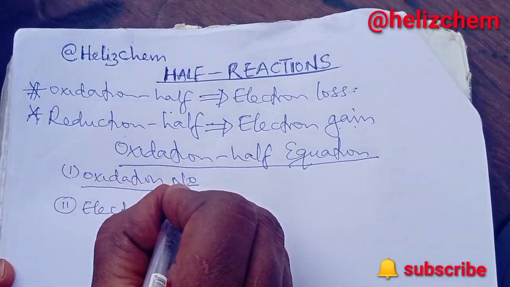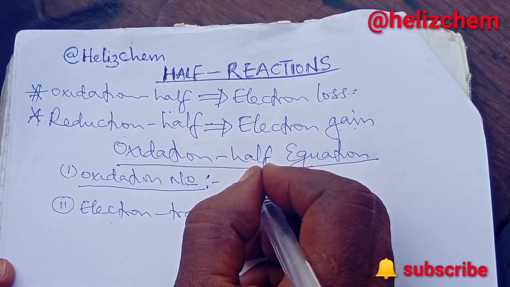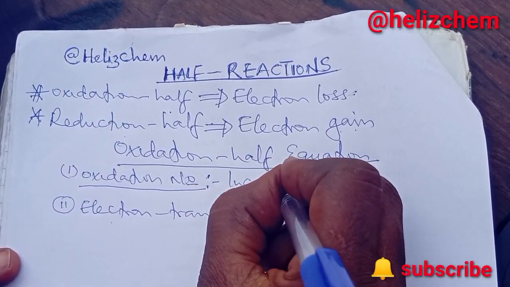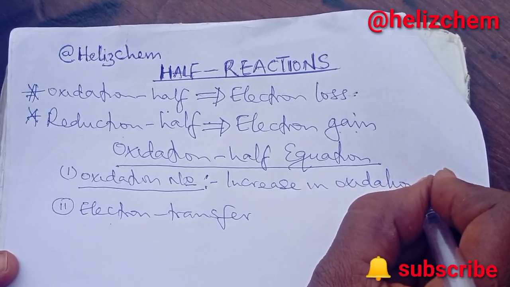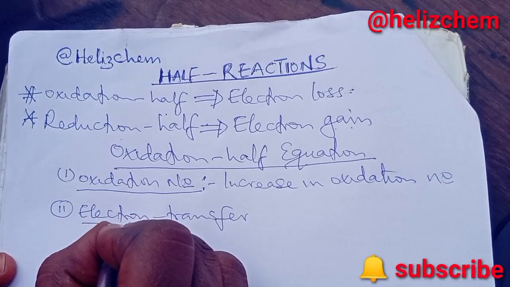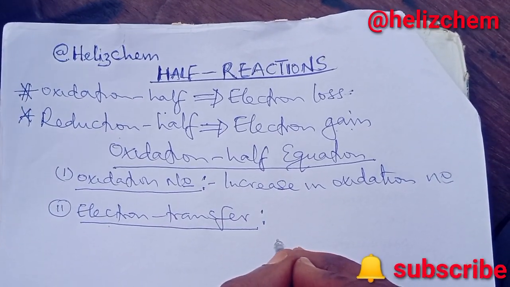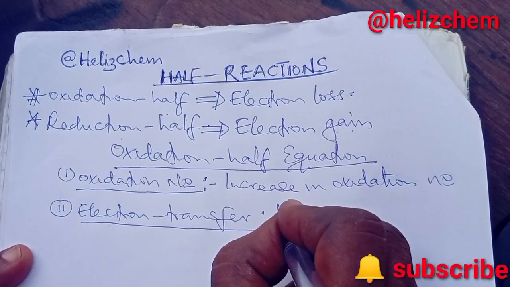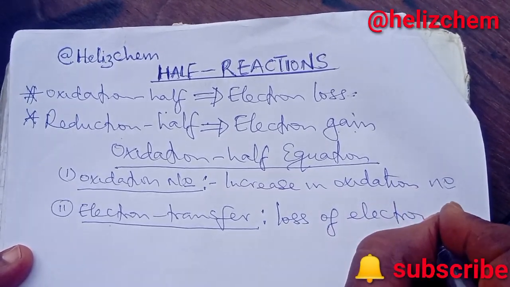When you go by oxidation number, oxidation means a reaction where there is an increase in oxidation number. Going by the second definition, electron transfer, oxidation involves loss of electron.